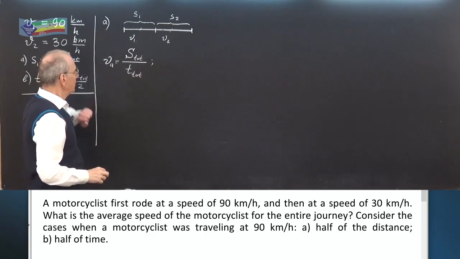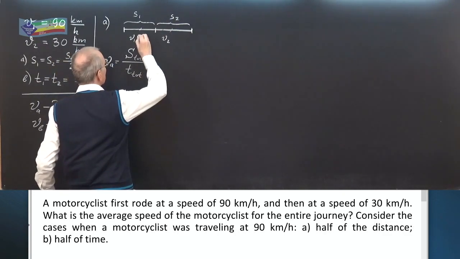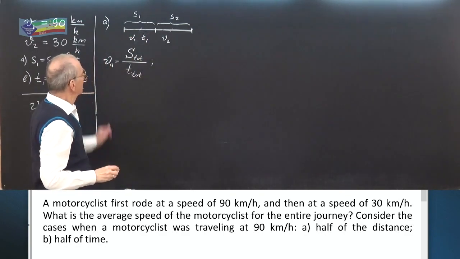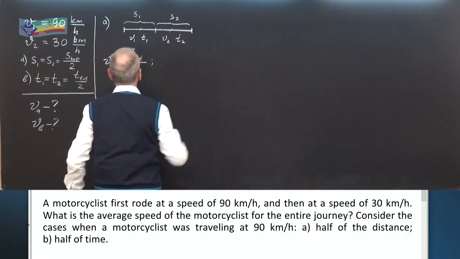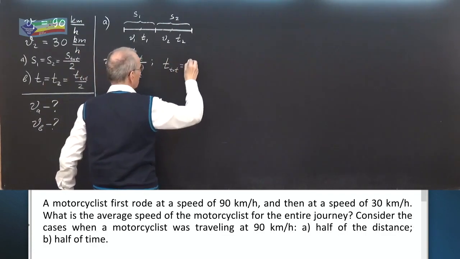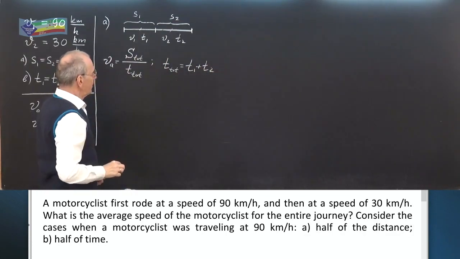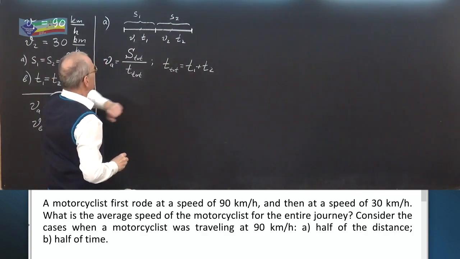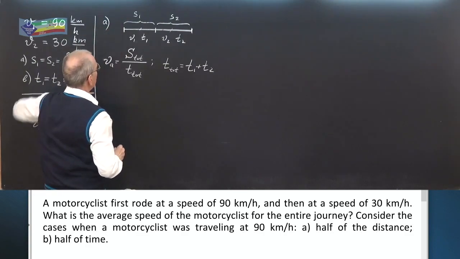Let us find total time. Total time is the sum of times taken by the cyclist for riding the first part and the second part. T total equals T1 plus T2. Find separately T1 and T2. To find time, we have to divide S1 by V1.